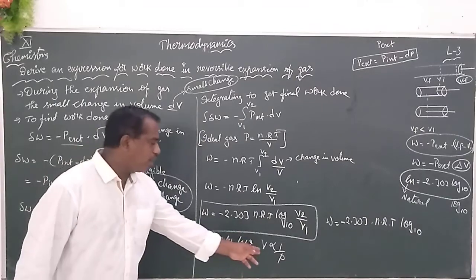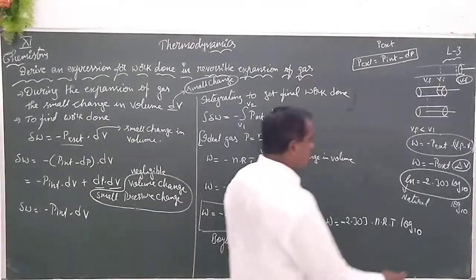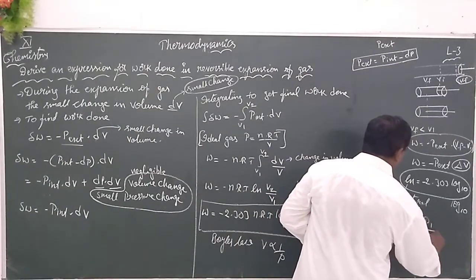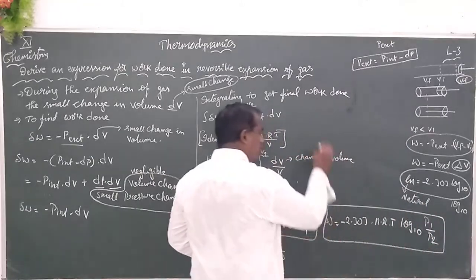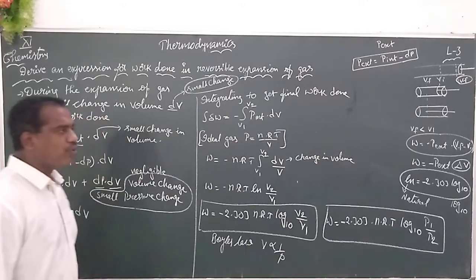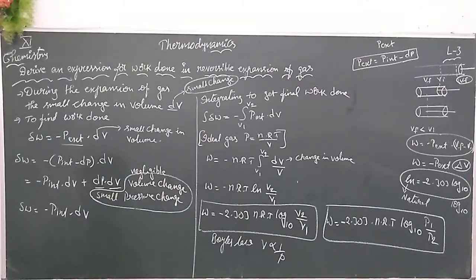In the place of volume, since volume is inversely proportional to pressure, you can write P1 upon P2. So these are the two derivations that we can use for work done regarding the reversible expansion of the gas.